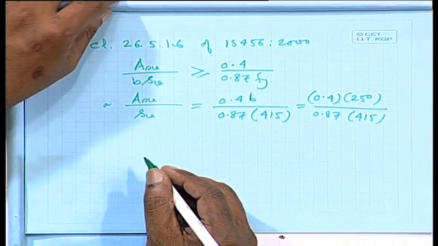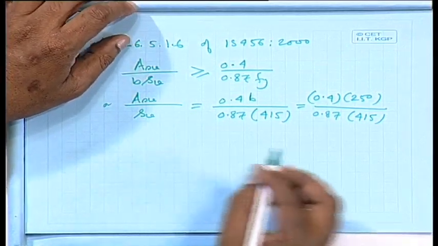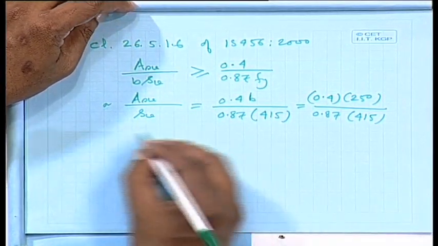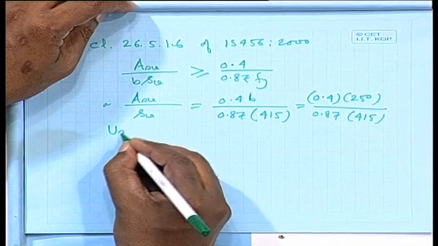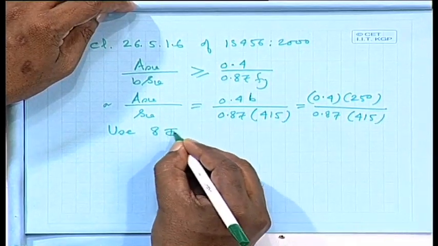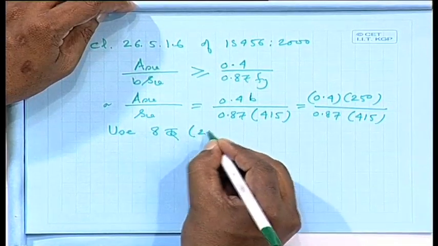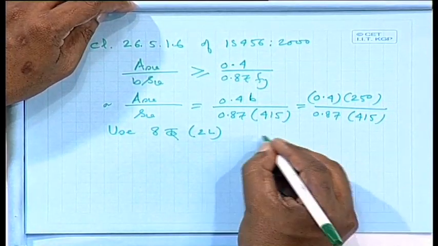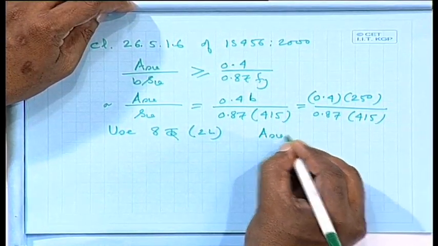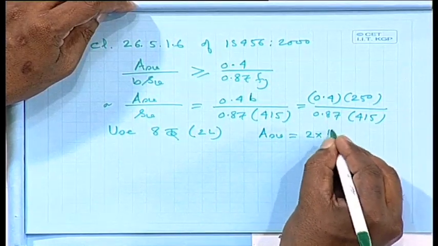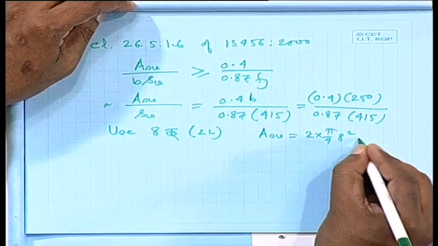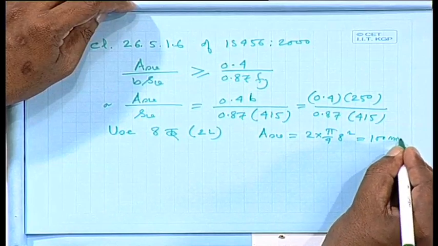So, let us use 8 torr two-legged. So, ASV equal to 100 square millimeter.